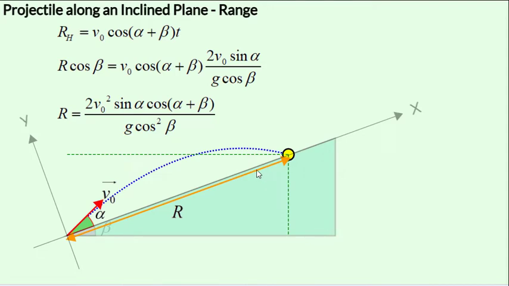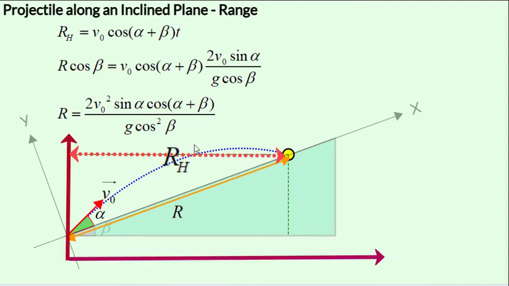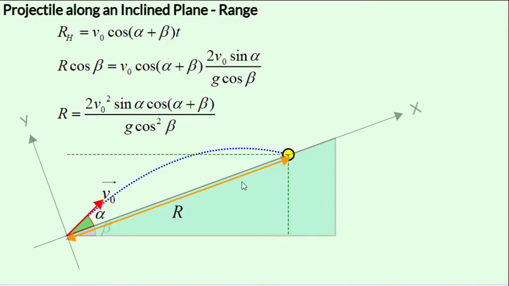Let's say that the horizontal displacement of the projectile is RH. So RH can be considered as the range along the horizontal axis. Now along this horizontal direction, the advantage is that there is no acceleration, but in the x direction, which is along the incline, there is an acceleration of minus g sin beta.